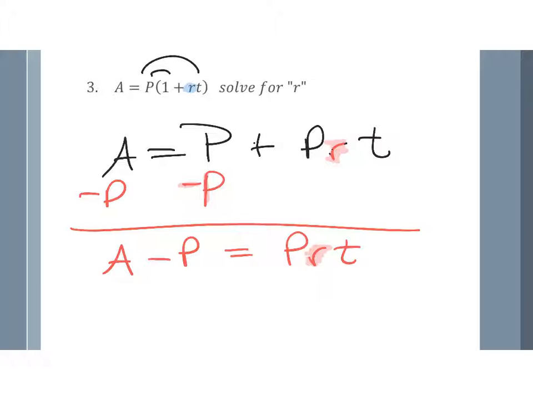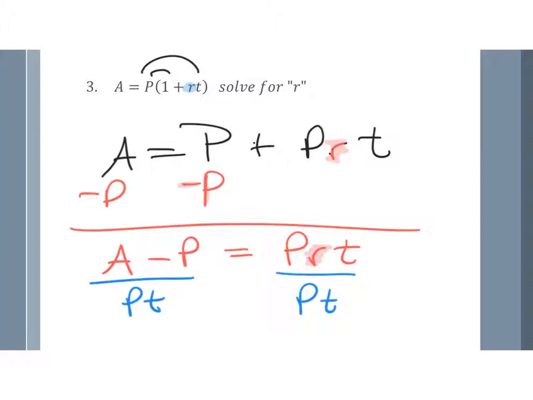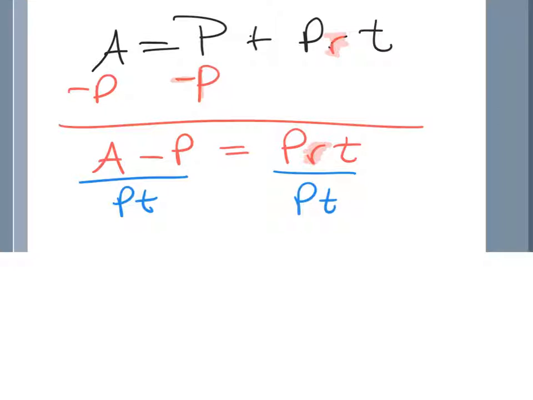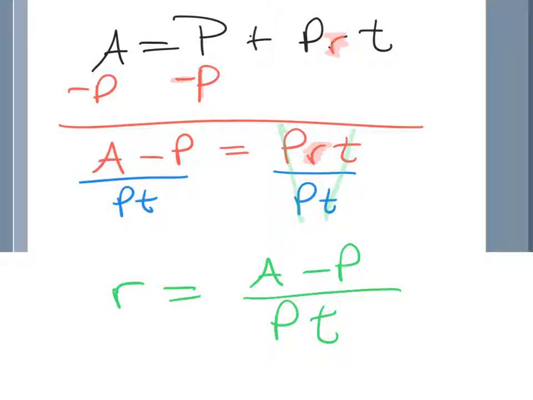So to undo that, I'm going to divide both sides by p and t. And then you're left with, these would cancel. And now r equals a minus p over p times t. So just write it there.